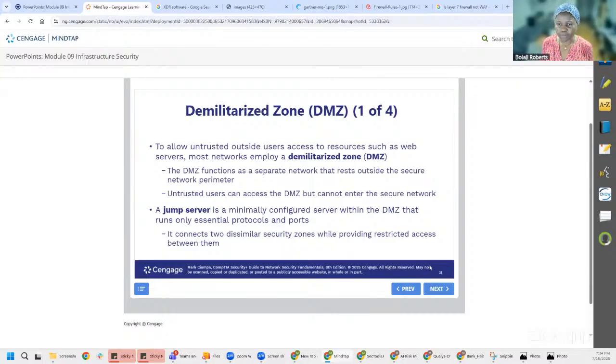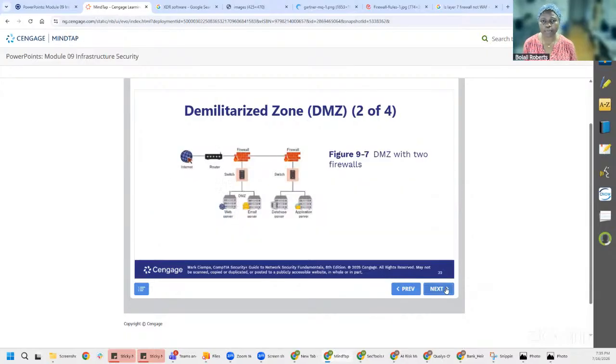A good use of a jump server is, for example, when you want to connect from an untrusted network to a trusted server. There is a jump server in between. So instead of going directly from the untrusted network to the trusted server, you go to the jump box and through the jump box to the trusted server.